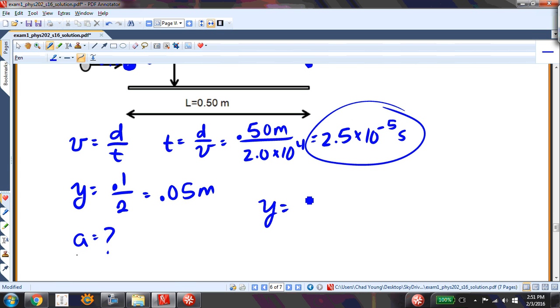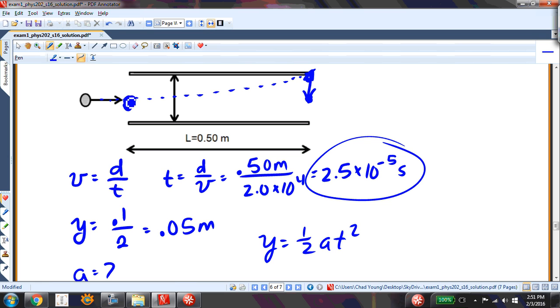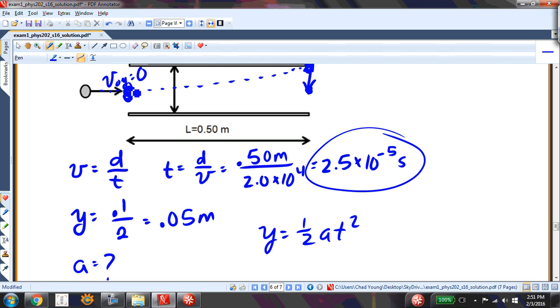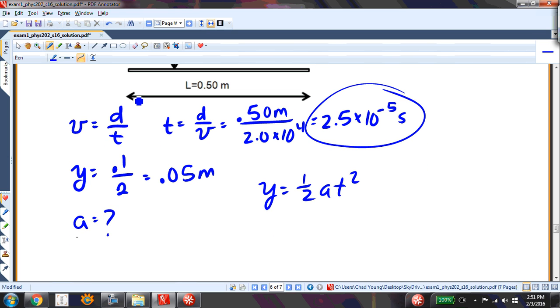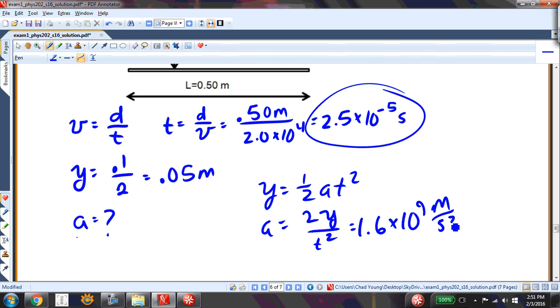Well, I know y is equal to 1/2 at squared. Notice I've left off the v0 term, and you might be asking, gosh, it has an initial velocity when it first enters the electric field. Why do I leave off the v0? Because when it first enters the electric field, v0y is equal to 0. So a little throwback to our projectile motion days. Solve this for a: 2y over t squared, which is 1.6 times 10 to the 9 meters per second squared.